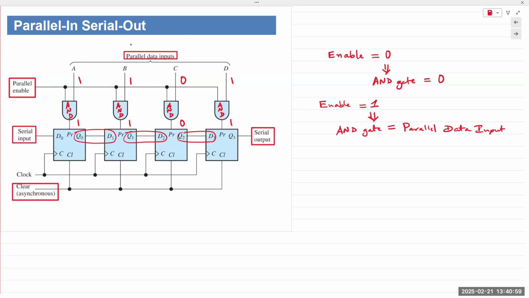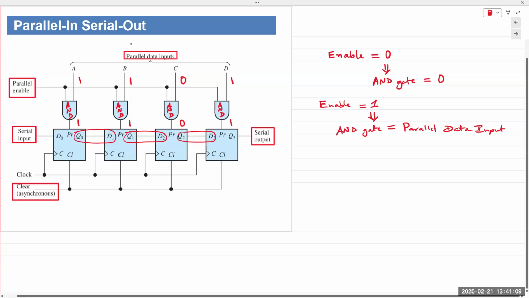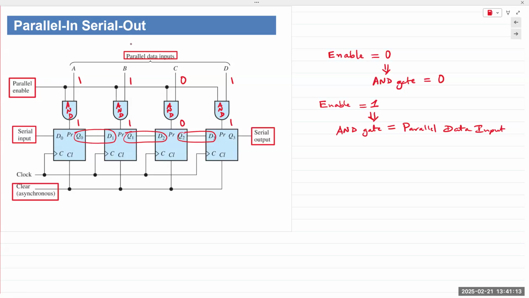Now we are sending an input, 1011. So that goes to the AND gate. The AND gate output is also now 1011. That goes to the preset input. If the preset input is 1011, the output of the flip-flops goes 1011.